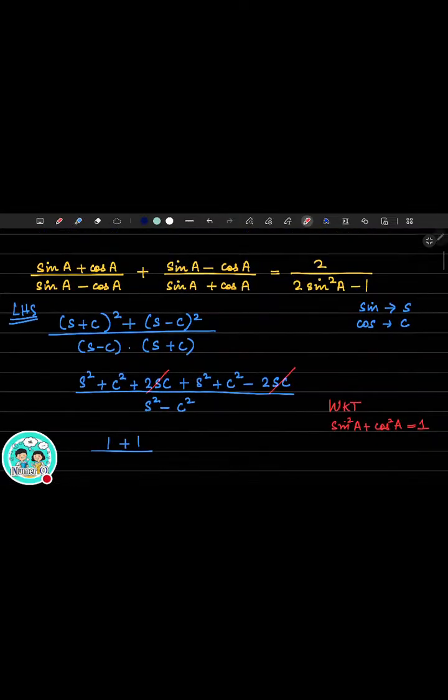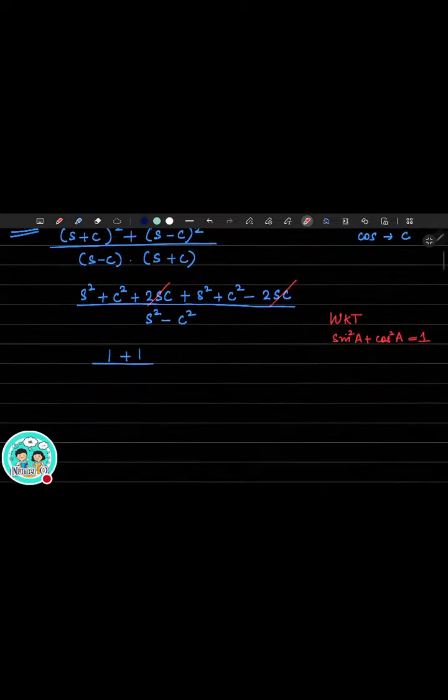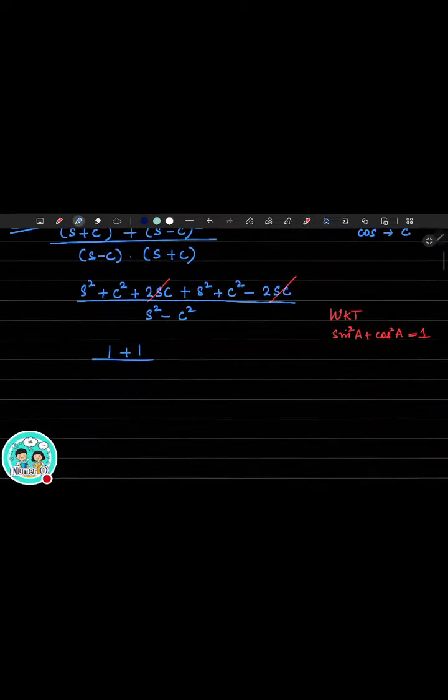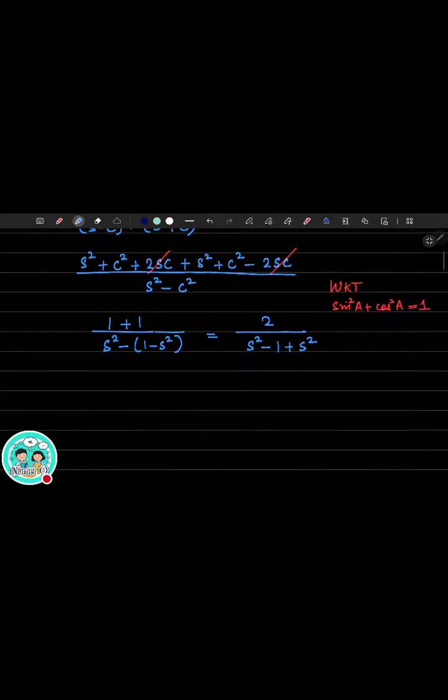But the expression that you have to prove does not have any cos square. So in place of cos square, I will put 1 minus sin square. So the denominator will have sin square A minus (1 minus sin square A). This is equal to 1 plus 1, which is 2, divided by sin square A minus 1, minus into minus is plus sin square A. So this is equal to 2 divided by 2 sin square A minus 1.